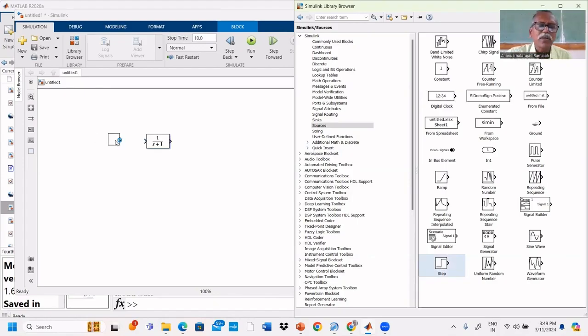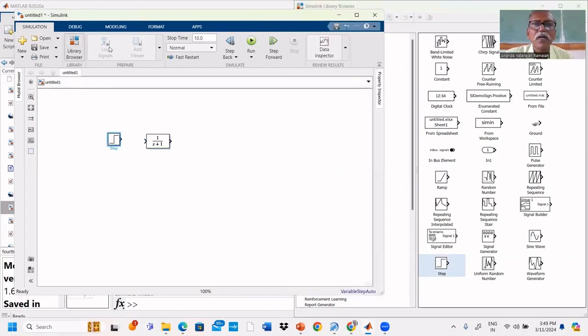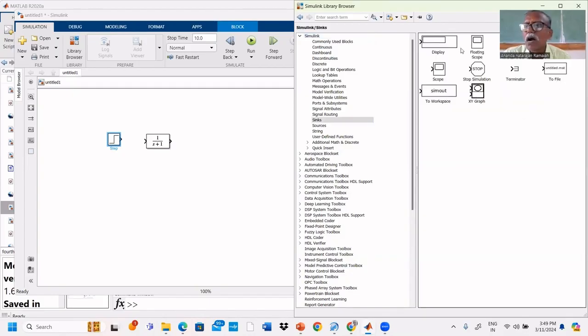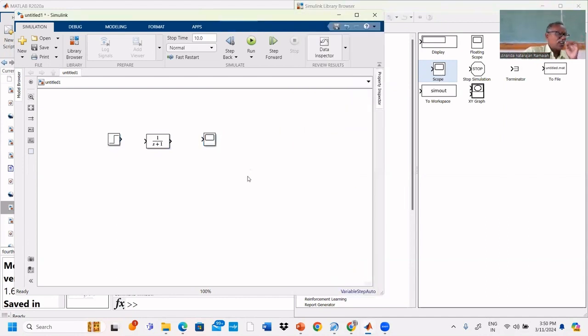You also need Sinks: a scope, to see the response. To get the reaction curve, you need a transfer function, a step function, and a scope. The scope is to see the response. Then you connect these blocks.